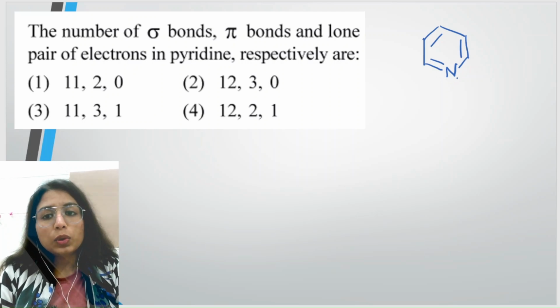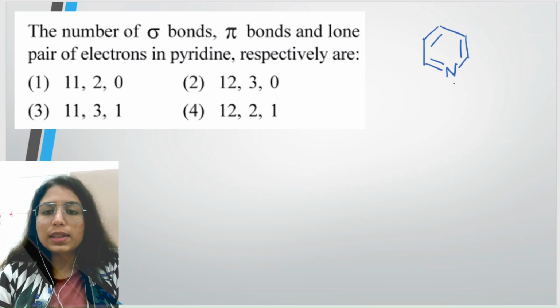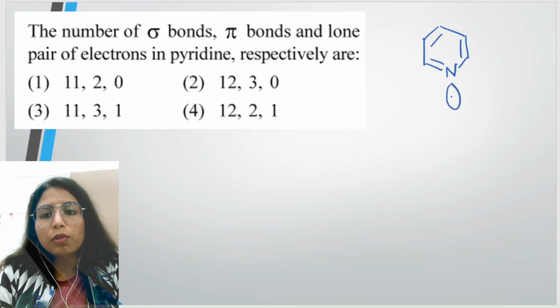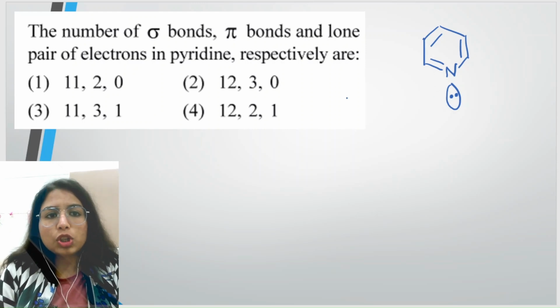Since nitrogen has 5 valence electrons, it is bonded to 3 atoms, basically 2 carbon atoms, 1 double bond and 1 single bond. So we are left with 1 lone pair of electrons, that is this, in order to complete its valence shell.